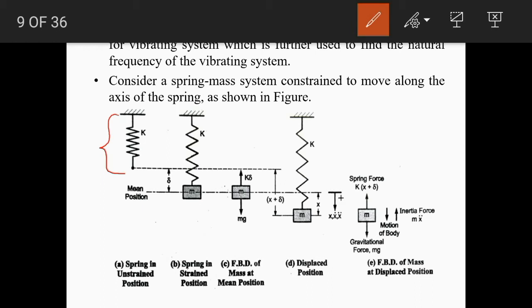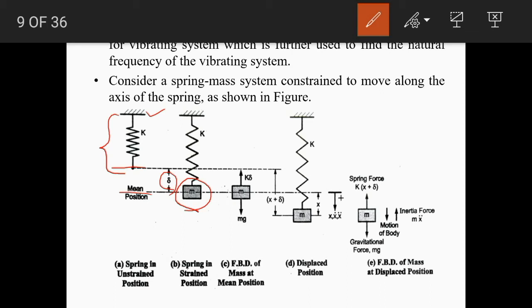Now, one end of the spring is fixed, and at the second end a mass of m kg is suspended, so that the spring is extended through this much deflection. Let it be delta, that is the static deflection of the spring.